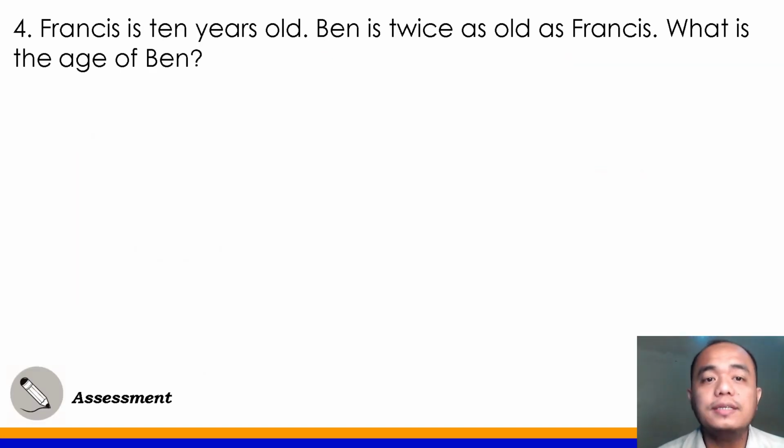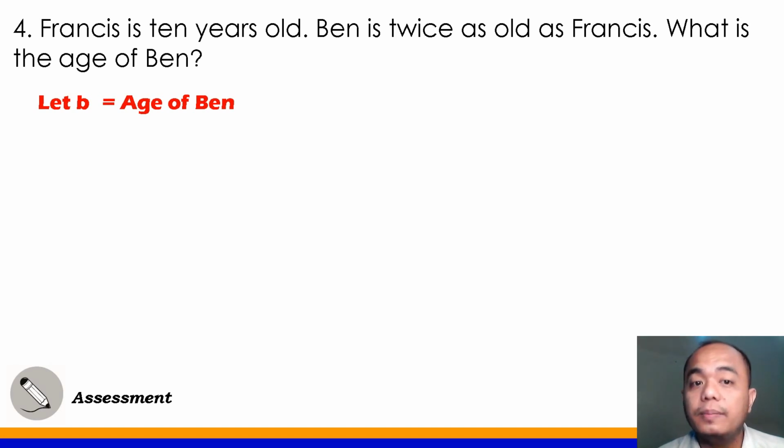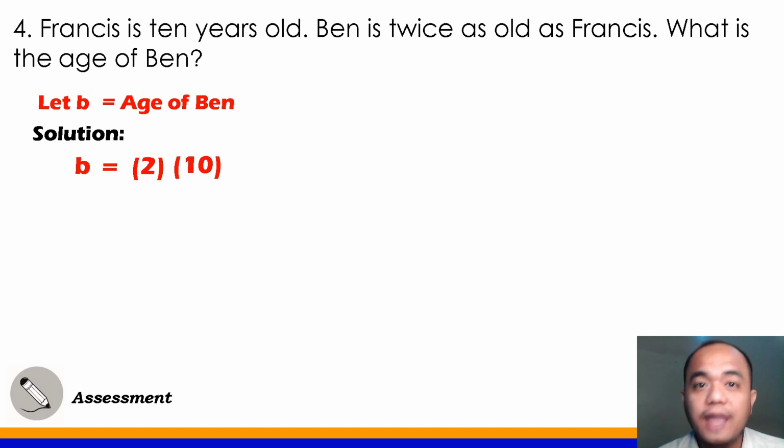Number 4. Francis is 10 years old. Ben is twice as old as Francis. What is the age of Ben? Okay, so let B be the age of Ben. Gagamitin natin yung variable na B to represent the age of Ben. So here's the equation for this problem. So we have Ben is twice as old as Francis. So if Francis is 10 years old, that means B equals 2 times 10.